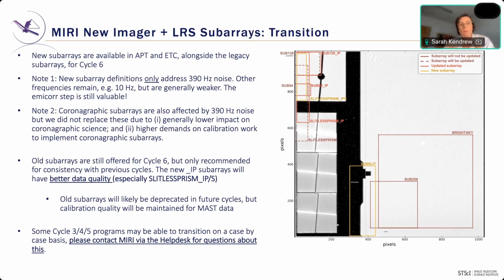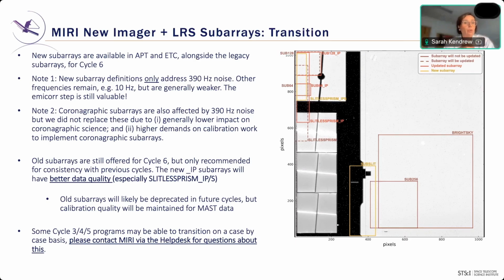The new ones will give better data quality, but there may be reasons why people want to maintain consistency with previous observations. You might want to observe a target that was previously observed with one of the subarrays, and you want the observations to be the same.